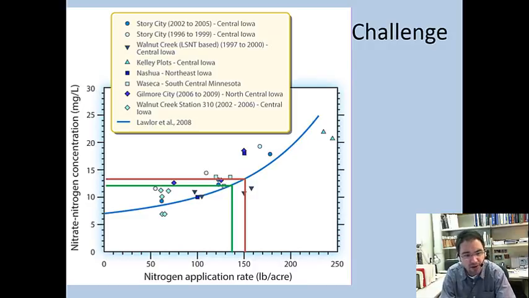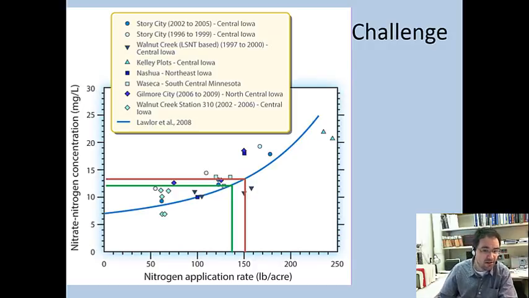And really what we wanted to do here is, how does our nitrogen application rate to corn in a corn-soybean rotation influence the nitrate concentration, the flow-weighted annual nitrate concentration that we see coming out in a tile line? And this flow-weighted annual nitrate-nitrogen concentration is really the combined concentration from the corn and soybean phase. So we're just applying the fertilizer to the corn phase, but we're looking at the response to that corn-soybean rotation.